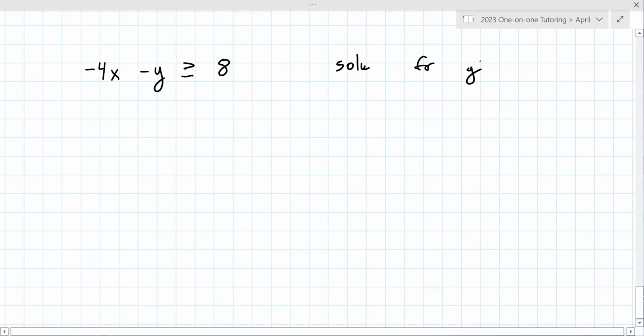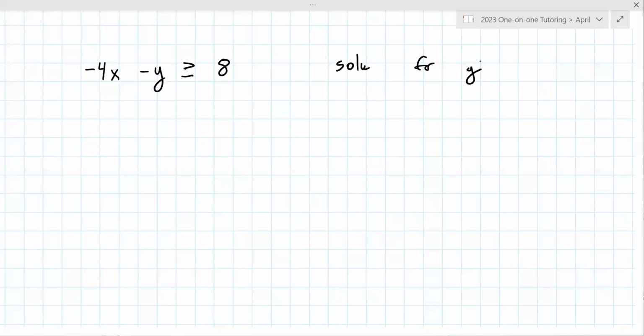Okay. The x goes first, right? On the right side. It's preferable that it be first. Yes. Gotcha.